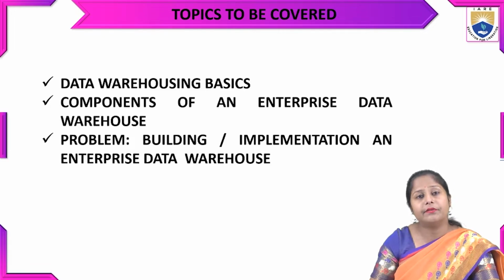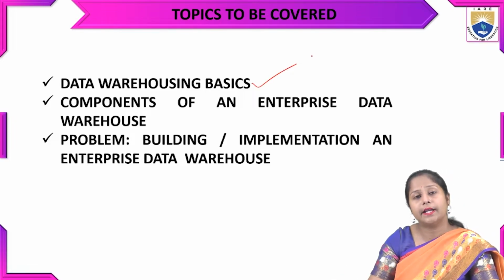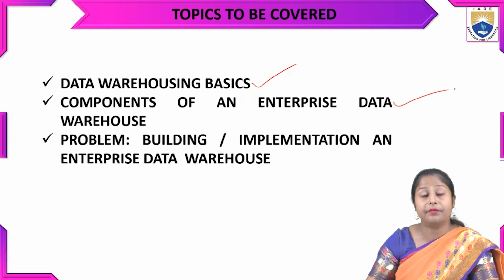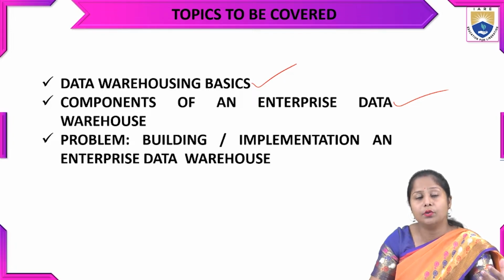We will see what the data warehouse basics are related to data warehousing. While we are going to implement a data warehouse, I'll tell you what the components of an enterprise data warehouse can be, and why a business model in the industry is going to implement an enterprise data warehouse.